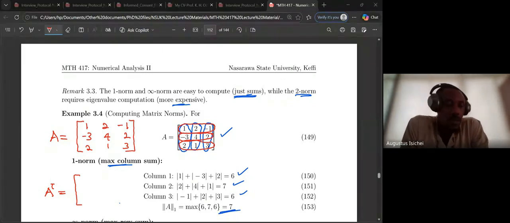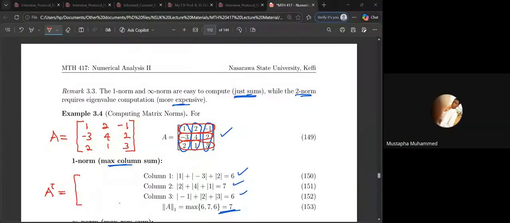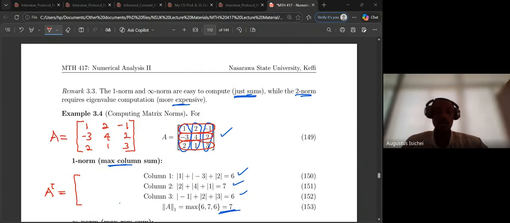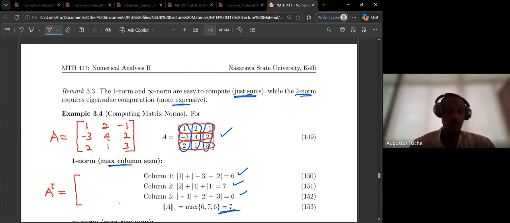Mustafa Muhammad, what should be the numbers in A transpose? Unmute your mic and tell me. Go ahead.